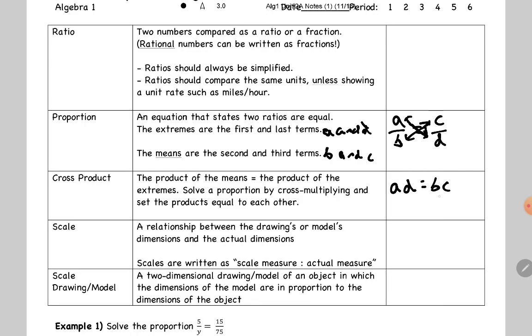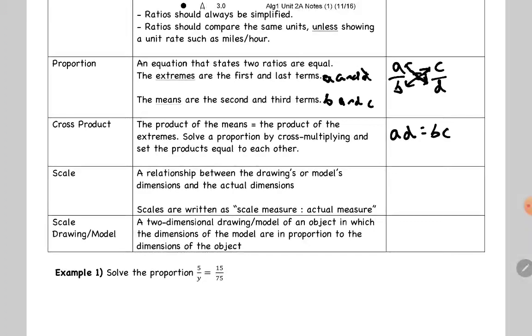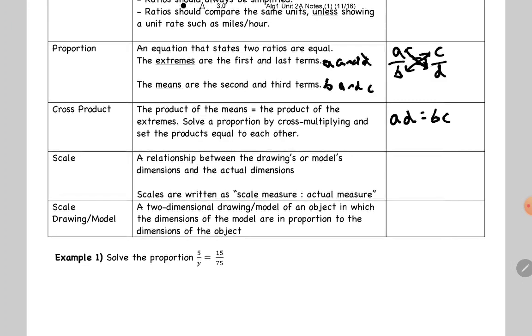We'll do more examples below. And then a scale is the same scale that you see on a map, or if you're looking at a model. It's just a relationship between a drawing or a model versus the real thing.